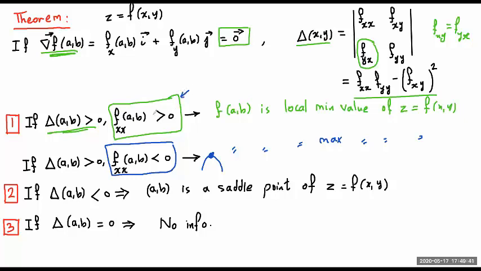When the second derivative is positive, it will be something like this, so a local minimum.